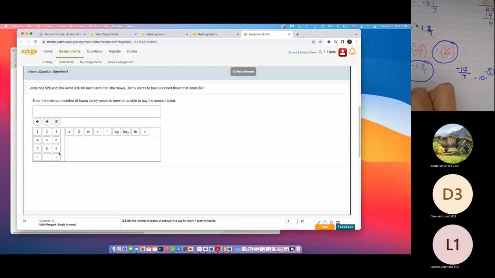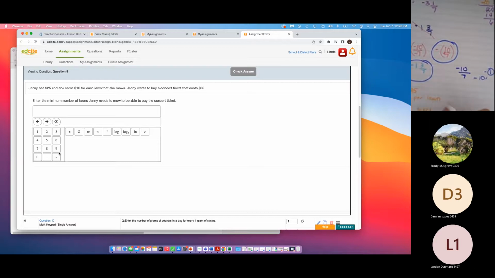She earns $10 per lawn. So it says enter the minimum number of lawns Jenny needs to mow to be able to buy a concert ticket. The ticket costs $65.